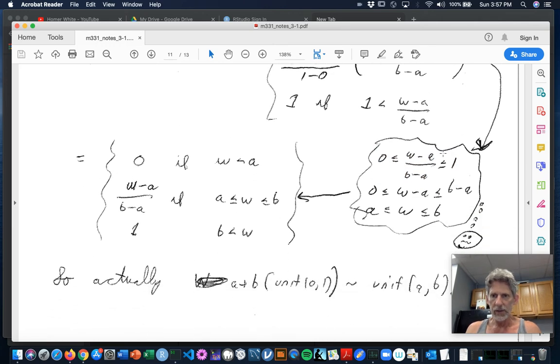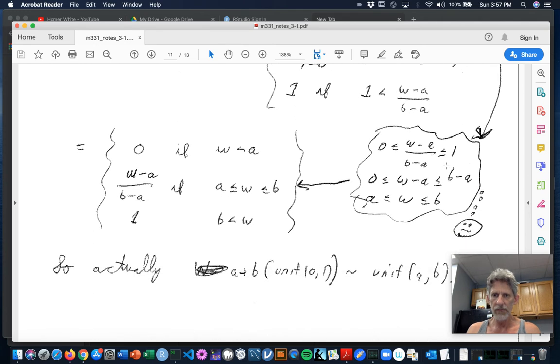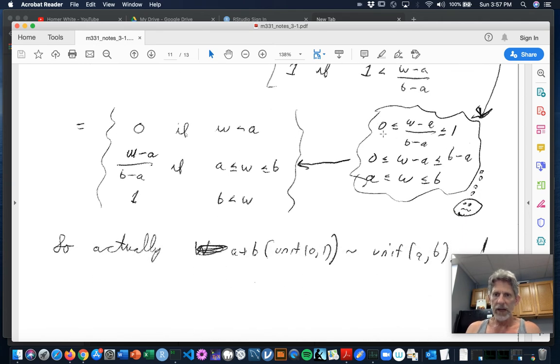And I think I really meant a less than sign here. But I take all three sides of the inequality and I multiply by b minus a. So I still have a 0 here. I got just a w minus a here, and I got a 1 times b minus a here. I add an a to all three sides, and I get a less than w less than b. So, looking pretty good.